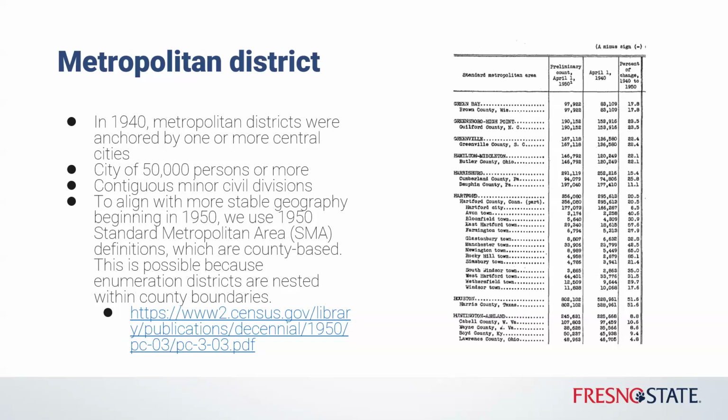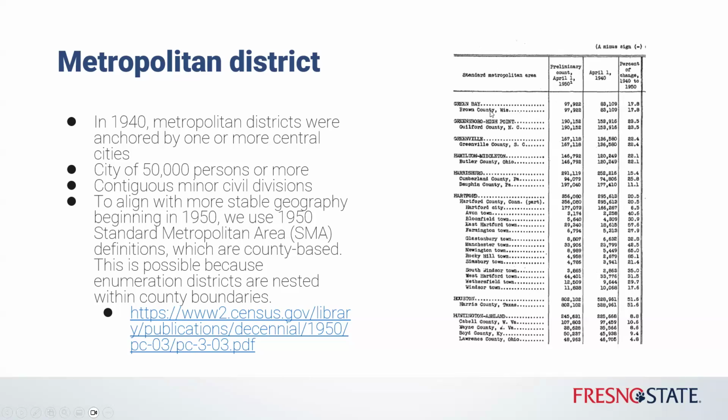And so we map metropolitan districts, but we actually map the counties around those metropolitan districts in alignment with the 1950 standard metropolitan area definitions. And the link that you see here, which I believe Brenda's going to drop in the chat, takes you to the 1950 population census.